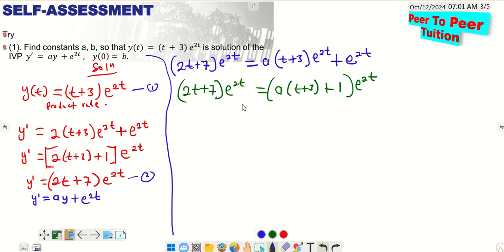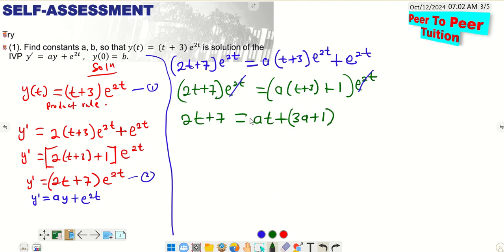So we can see that e^(2t) will cancel e^(2t). Then we are left with 2t + 7 should be equal to a times t is at, plus a times 3 is 3a, plus 1. Now let me put this one in one bracket.